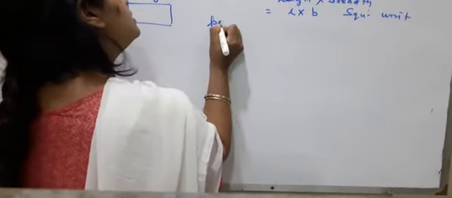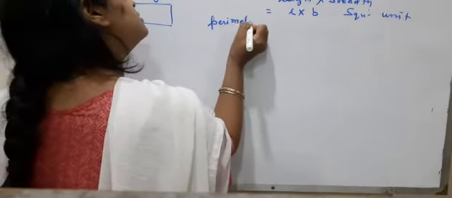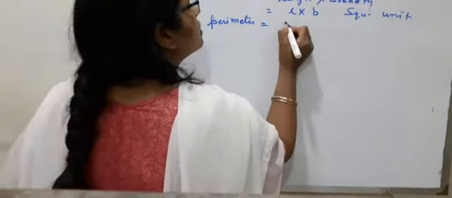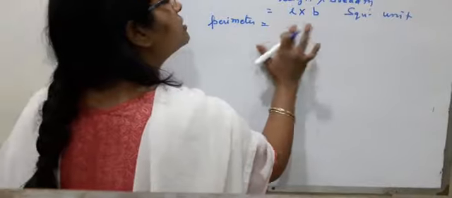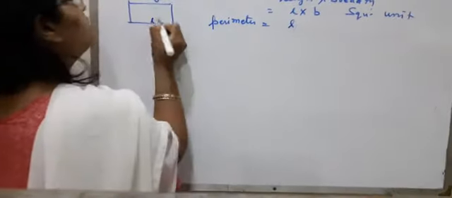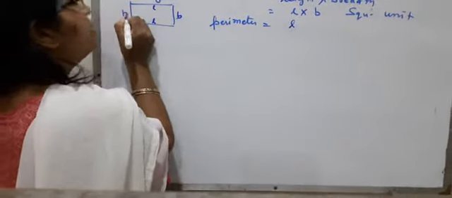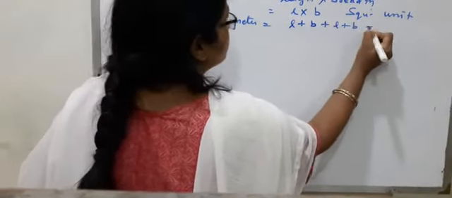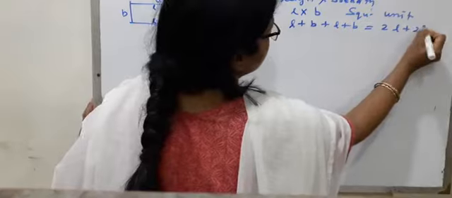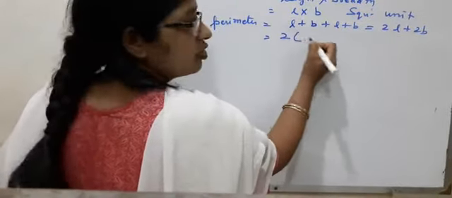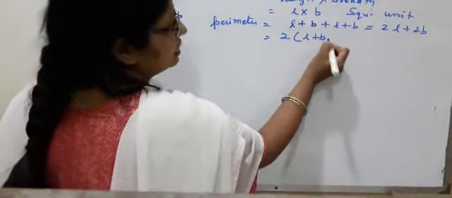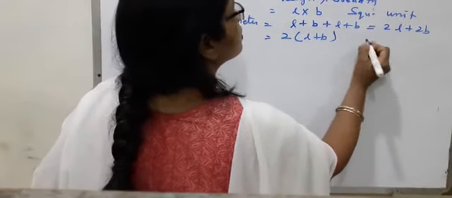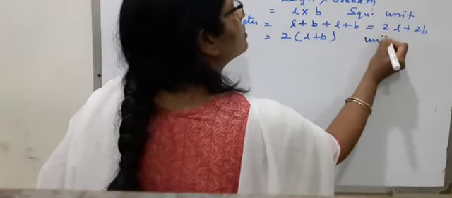And perimeter is the sum of all sides. If length is L and breadth is B, then L plus B plus L plus B. This implies 2L plus 2B, and taking common 2, it is 2 into L plus B, unit.